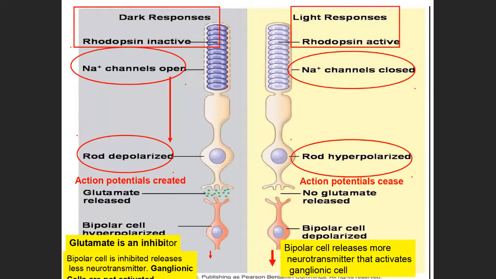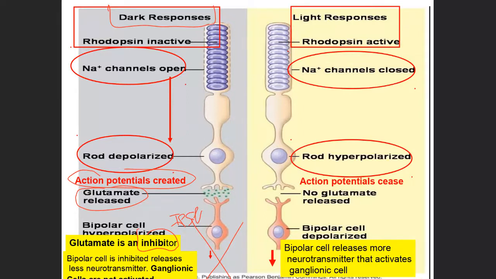So in the dark, what is called the dark response, when light is not activating the photoreceptor, the photoreceptor is creating an action potential and secreting a neurotransmitter. Turns out glutamate is an inhibitor, which creates an inhibitory synaptic potential in the bipolar cells. So the bipolar cells are essentially shut down and there's no more communication going on.